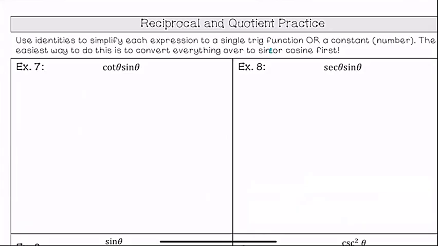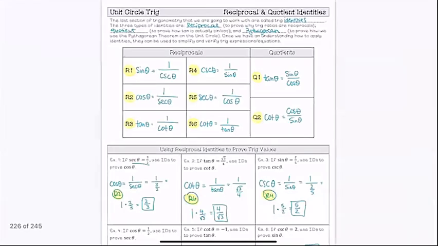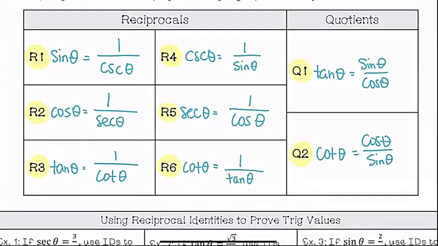Number 7 says cotangent of theta times sine of theta. We already have sine, so we're good there. We want to convert everything to sine and cosine. Let's convert this one here. So I'm looking for an identity to invoke that goes from cotangent to sine and cosine.